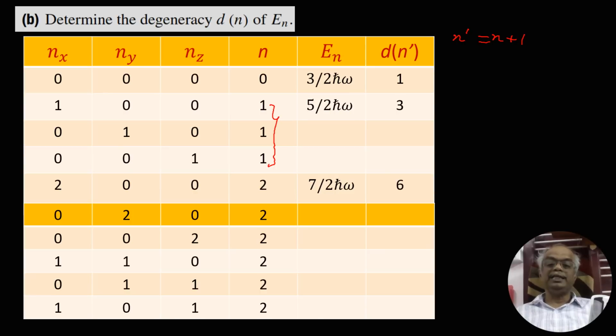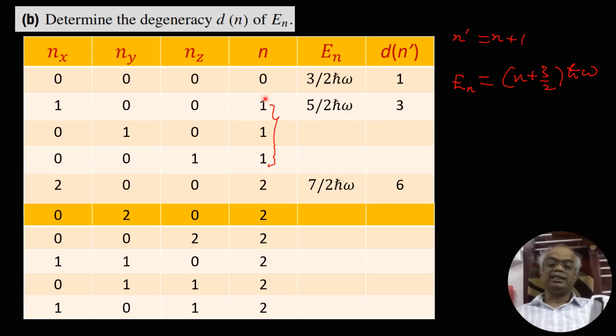Here interestingly you can see E_n is equal to (n plus 3 by 2) h cross omega. So n is 1, you will get 5 by 2 h cross omega. You have three possible states. So if n is equal to 1, the degeneracy is 3.